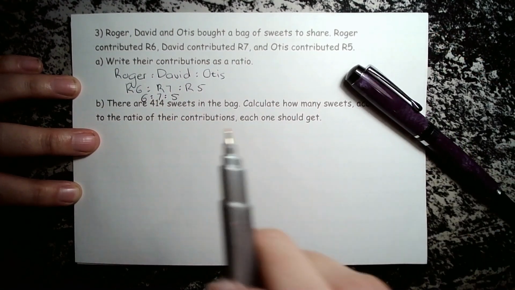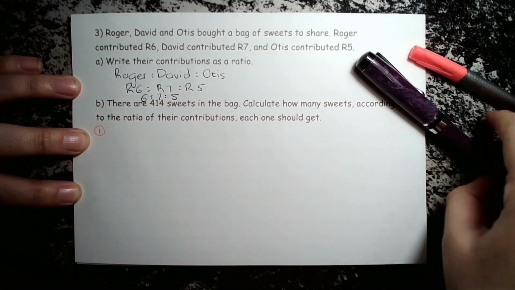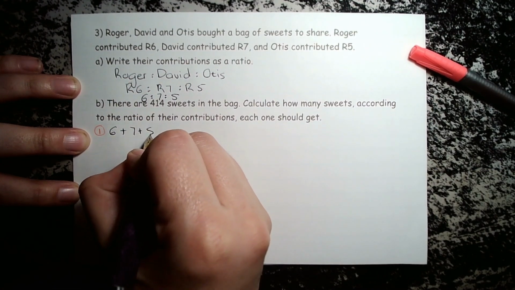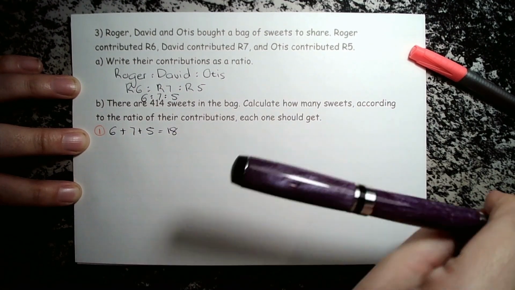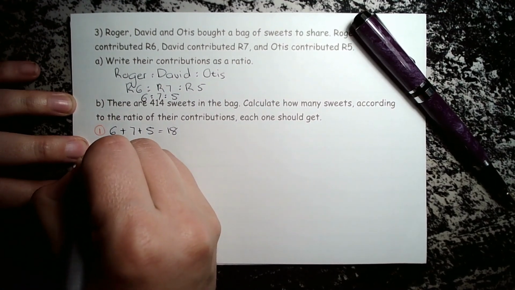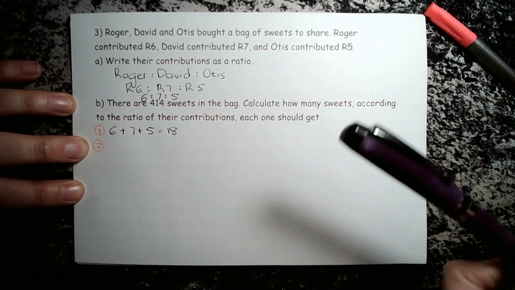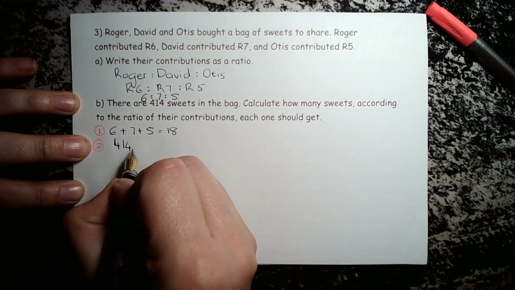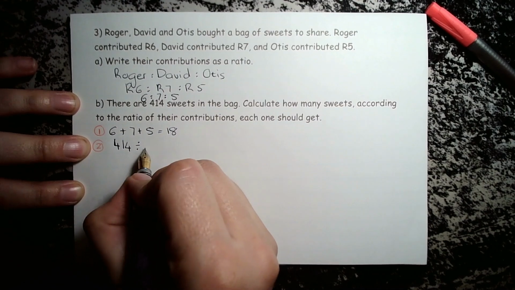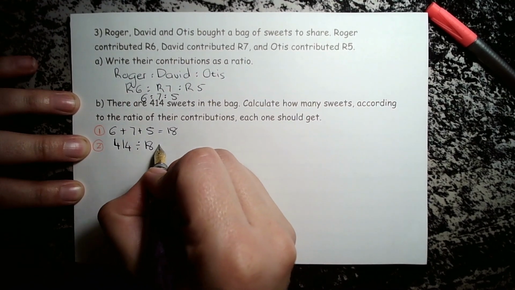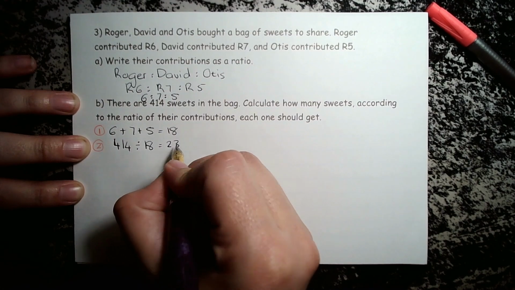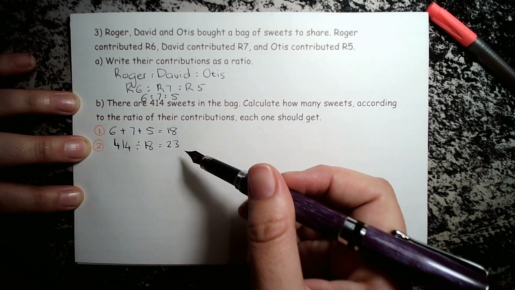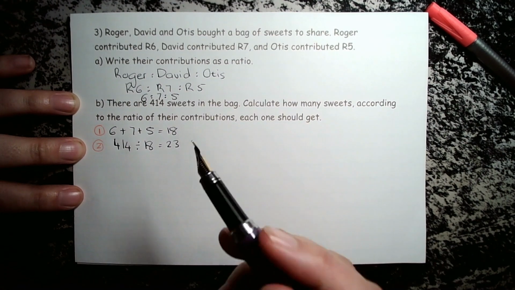So, step 1. We add them all together. 6 plus 7 plus 5 equals 18. Step 2. We take the amount given, 414, and we divide that by the sum of 18, and we get the quotient of 23. So each portion is worth 23 sweets, and there's a total of 18 portions.